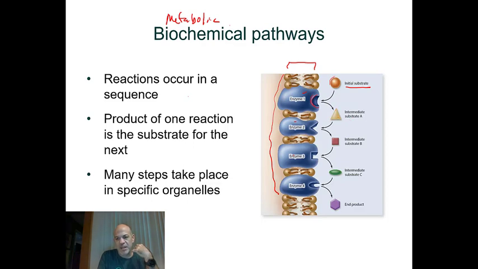But that product now is going to go through another change and requires another enzyme. Okay, so the next enzyme, the product is going to be referred to as an intermediate. It's not your final end product. And so now this binds with enzyme 2, and then it goes through a change, and now it's your second intermediate, and then goes through another change and forms another intermediate.